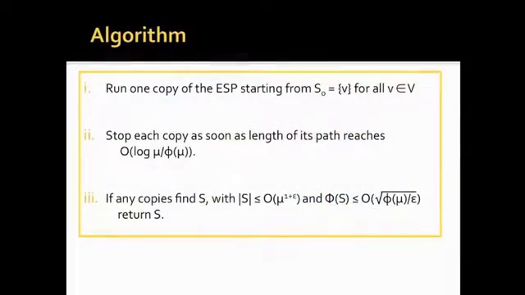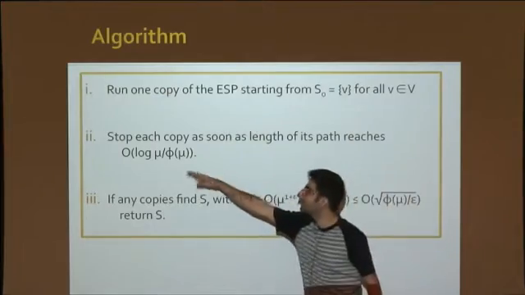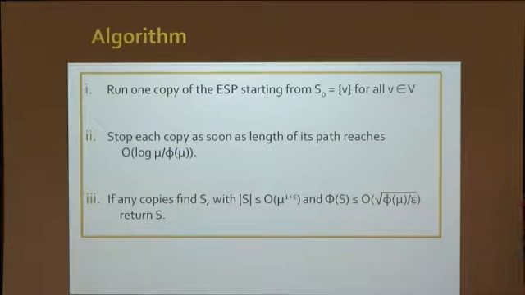Okay. So in fact, in our algorithm, we do just that. For a small expansion, we run this process from every vertex of the graph. And we run each copy until the length of the walk is sufficiently large, at least log of mu over phi of mu. And if any of the copies finds a small non-expanding set, then we just return it and we're done.